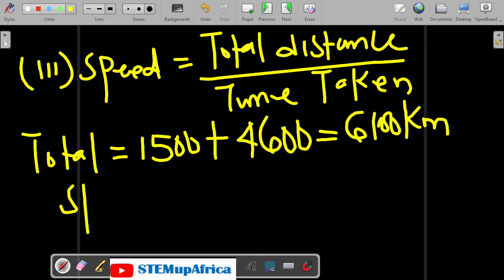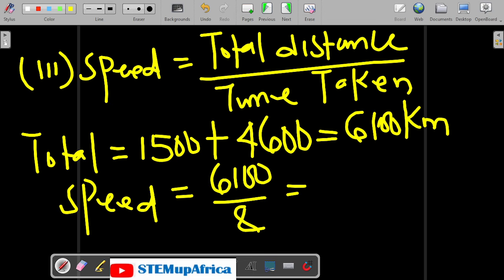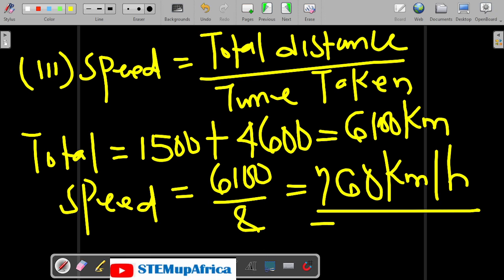So the speed now will give us 6,100 by the time it takes, which is 8 hours, divided by 8. That will give us 760 kilometer per hour to the nearest 100. So I'm having 760 kilometer per hour.